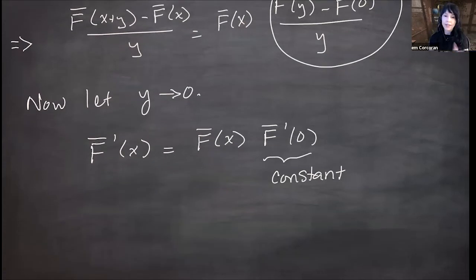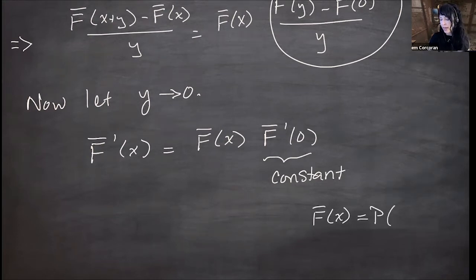And I could actually tell you whether it's positive or negative right now. I want to call it C for constant, but C is going to turn out to be a negative number. And I think it's a little more clear if I call it negative C, where C is positive. I know this is negative because F bar of x is the probability that X is greater than x.